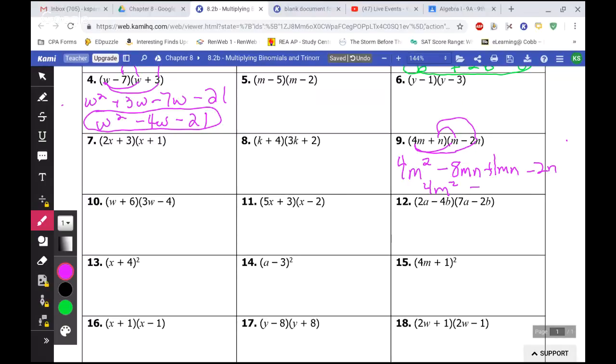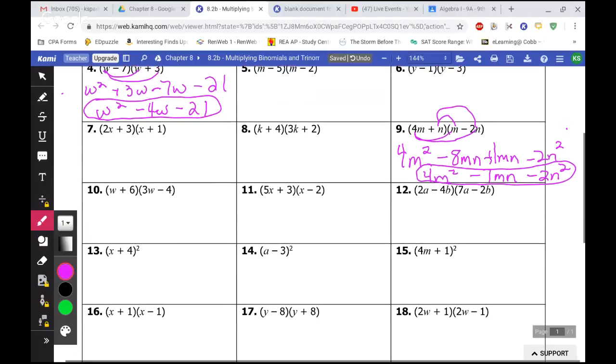So that's going to be negative 7mn minus, and I forgot to put my squared up there, please forgive me, 2n squared. Because I had an n times n, so that gives me an n squared. So that's my final answer for number 9.